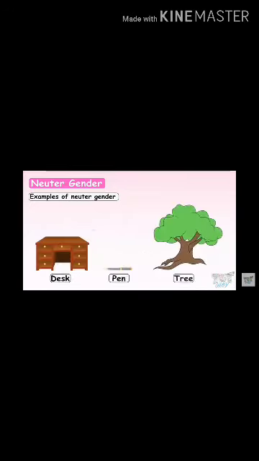Here you can see mountain, cloud, dress. These all are the neuter gender, which are non-living things. Here also desk, pen. I have given you the example of pen there. So tree. These all are non-living things which come under neuter gender.